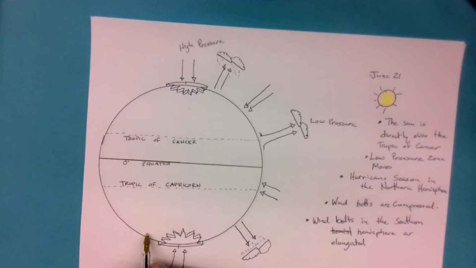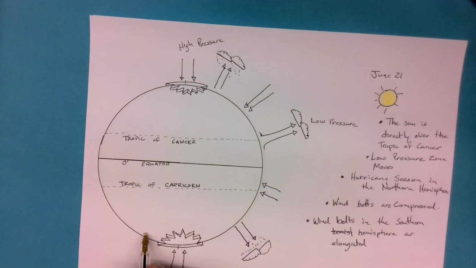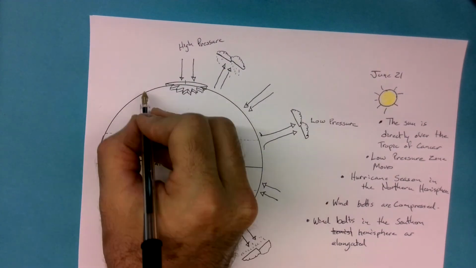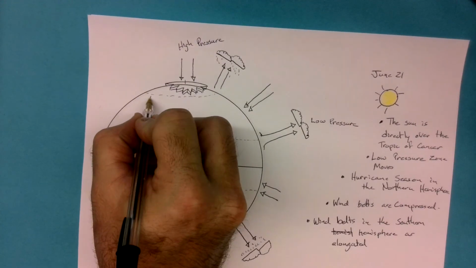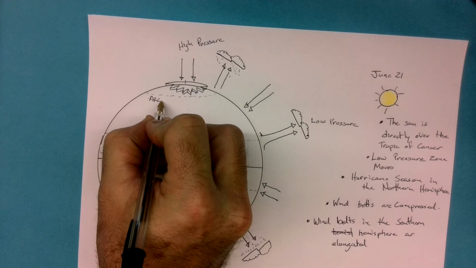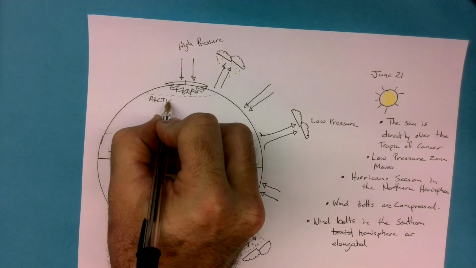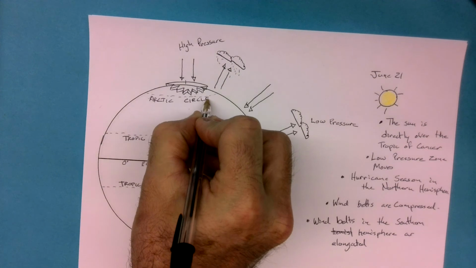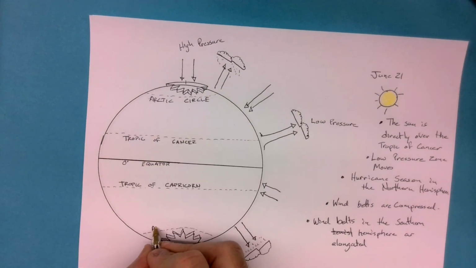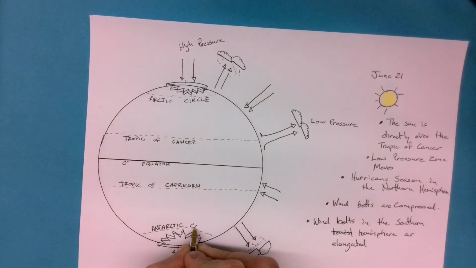Now there are some other lines here. We have right about 66.5 degrees. We have the Arctic and Antarctic circles. Arctic. Okay. And the Antarctic. Circles.